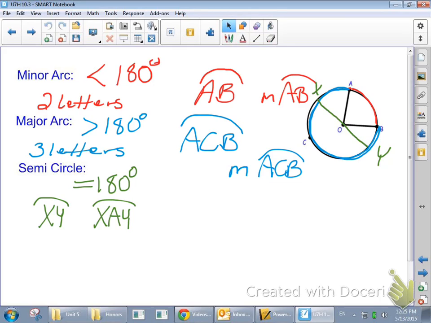In this case, for the semicircle, it really doesn't matter if you use 2 letters or 3 letters, because either direction you go, whether through A and B to Y, or around the other way through C to Y, it's still going to be 180 degrees.